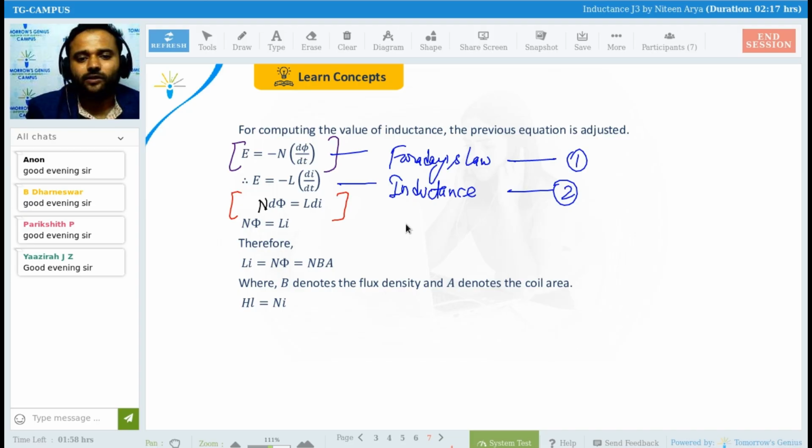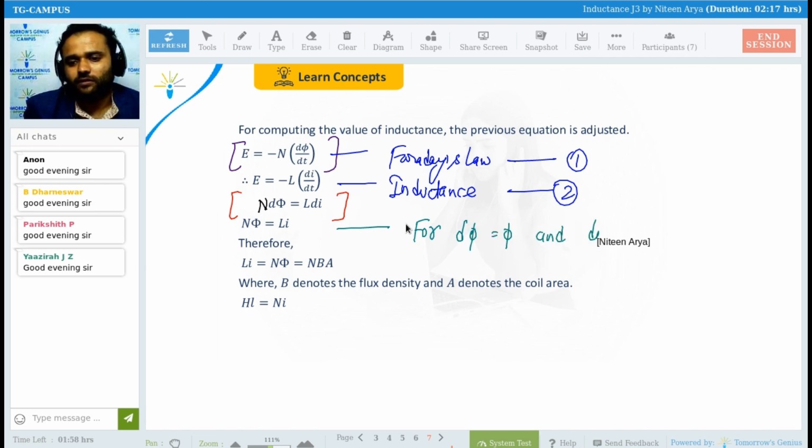For a very small change, we can say dφ equals φ and di equals I. What does this mean? If the change is negligible, meaning zero, then instead of di we take I, because I1 is I and I2 is 0.